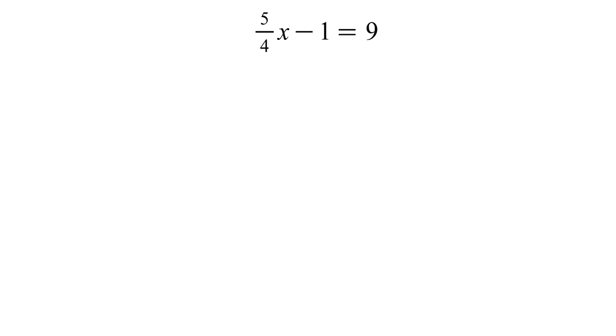This time there is something that's not attached to the x, the minus 1, so we'll have to deal with that first. That was step 1: use addition or subtraction to deal with what's not attached to the x. So we've got 5/4 x equals 9 plus 1, or equals 10.